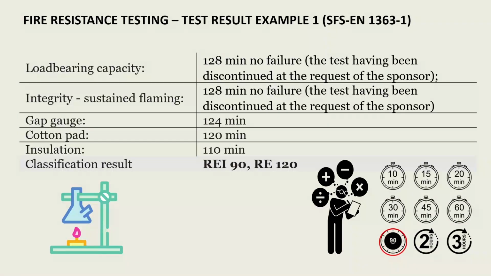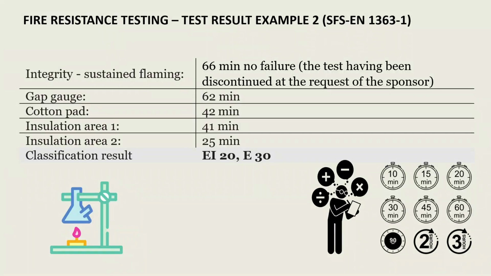Therefore, 90 minutes is picked as the lowest possible fire resistance rating value. For RE 120, the component satisfies load-bearing and integrity criteria for at least 120 minutes. These classifications indicate the time periods the building element successfully meets specific fire resistance criteria.